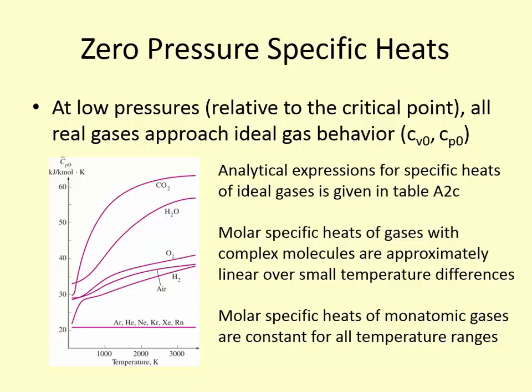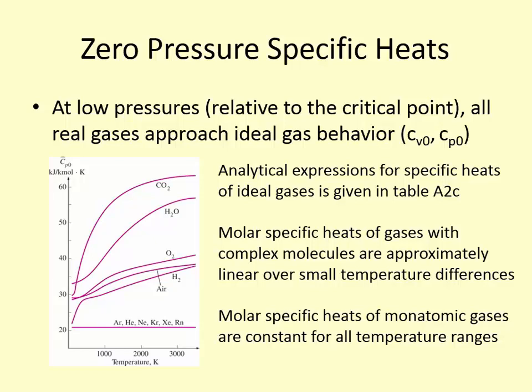This is analogous to when we looked at our Z chart, and by normalizing by the critical point, we were able to see that most gases, even if they're not an ideal gas, follow certain behaviors that are consistent. This is similar. The molar specific heats of monatomic gases are constant regardless of temperature.